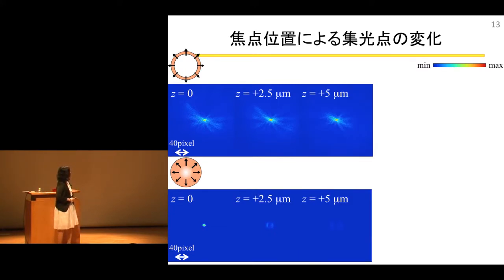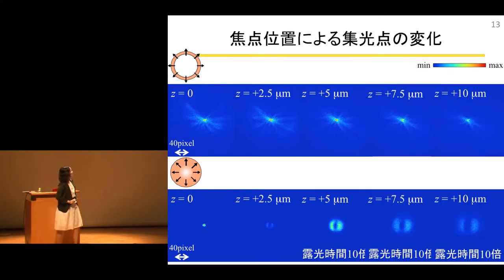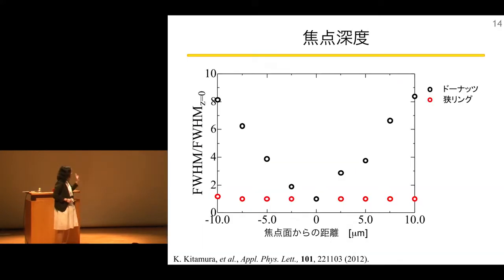When you go 5 wavelengths apart from the focus, in the case of the halo-shaped beam, the situation didn't change. But for the donut type, we couldn't see the focus at all. So we intensified the system to detect it. And after going to 10 wavelengths, the focus remained very small for the halo-shaped beam.